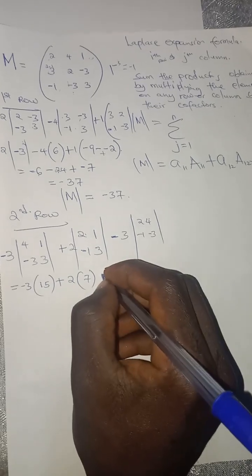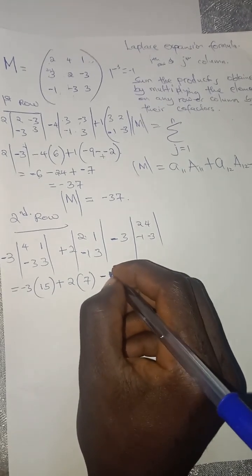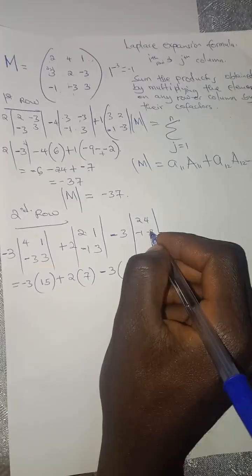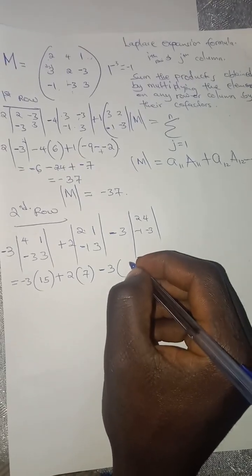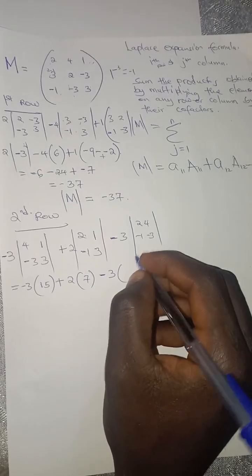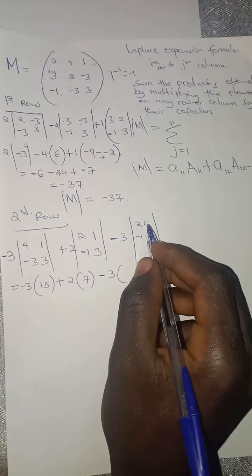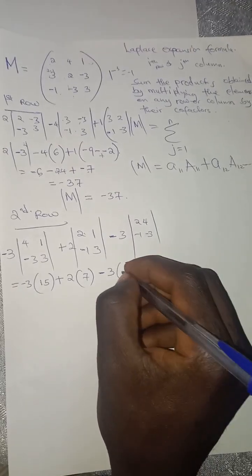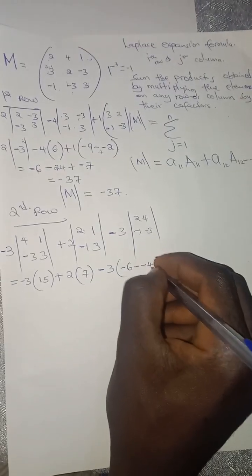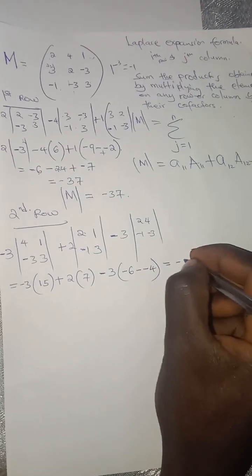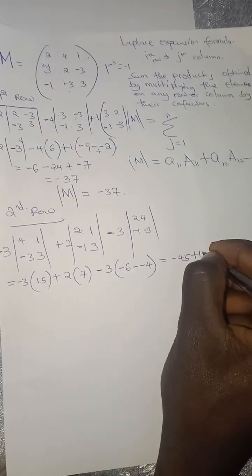Then we'll be having minus 3 into 2 multiplied by negative 3, which is negative 6, minus 1 multiplied by negative 4. Negative 1 multiplied by 4 is negative 4. It will be negative 6 minus 4.